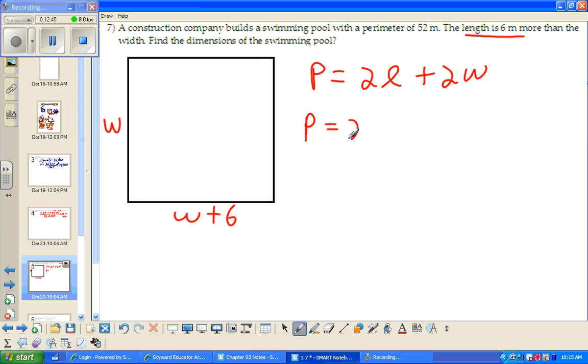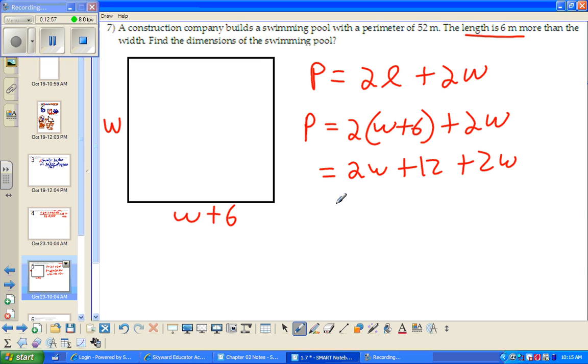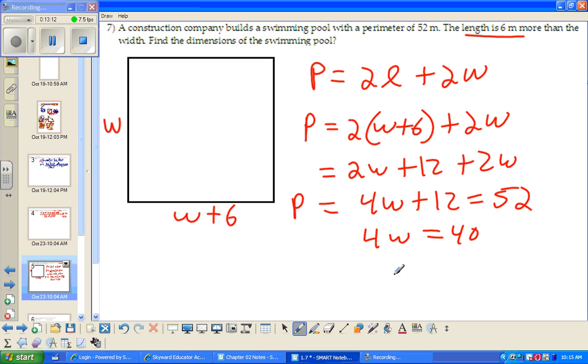So the perimeter would be 2 times w plus 6, plus 2w, which would be 2w plus 12 plus 2w, which would be 4w plus 12 for the perimeter. And we know the perimeter of the pool is 52 meters. So then 4w would equal 40. So the width would equal 10. And the length is 6 more than the width, would be 16.